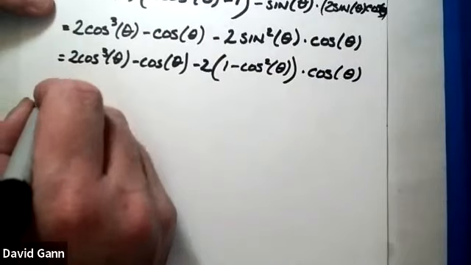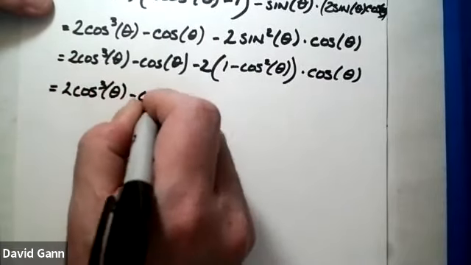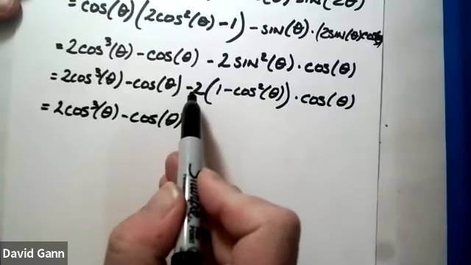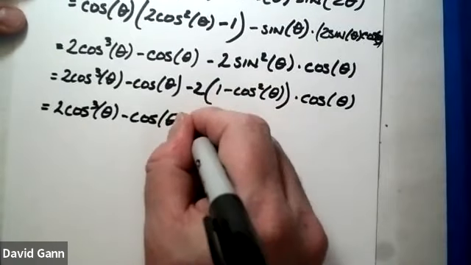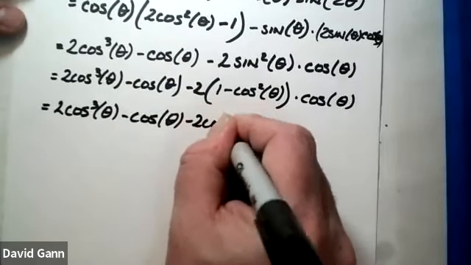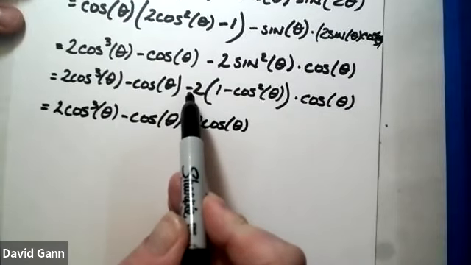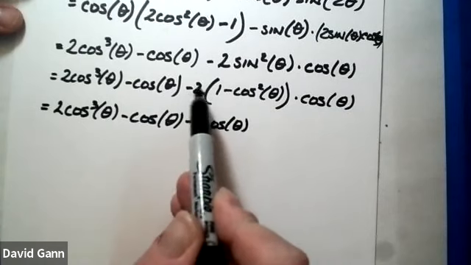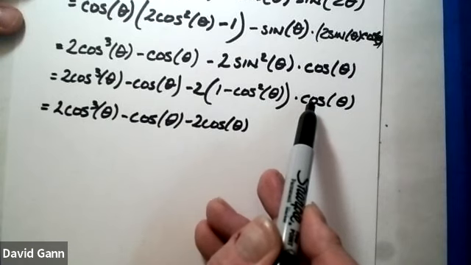Now let's distribute this term as well. So we have 2 cosine cubed of theta minus cosine of theta. And then the first term is going to be minus 2 times 1 times cosine. So I have minus 2 cosine of theta. And then the second term is going to be minus 2 times minus cosine squared. So positive 2 cosine squared times a cosine, which will give us cosine cubed.